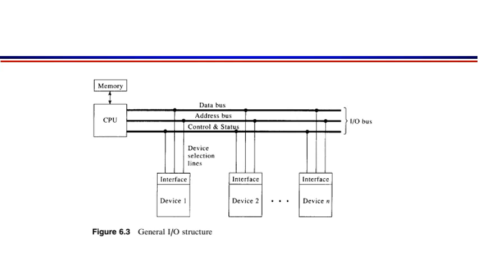So this figure is showing a generalized IO structure. We have different devices, up to n devices, which are connected with the CPU and the memory. All the devices are connected with separate buses, that is data bus, address bus and control bus. The address of the selected device will be put on the address bus, and this address will be given to all the devices.